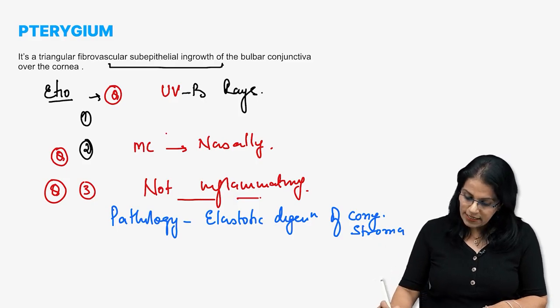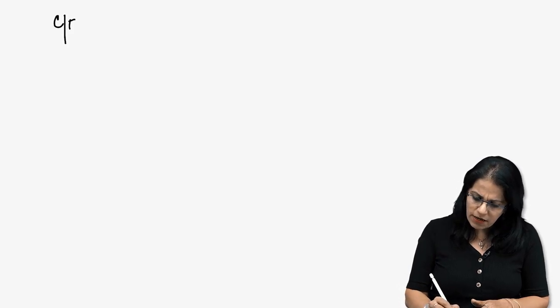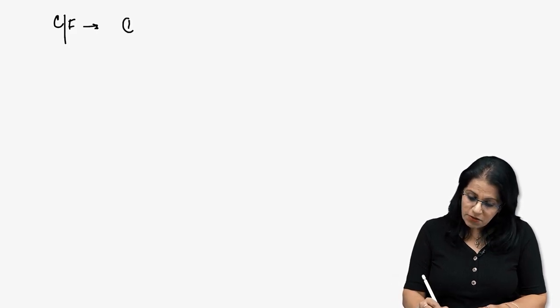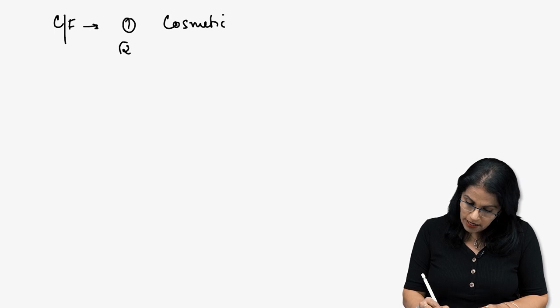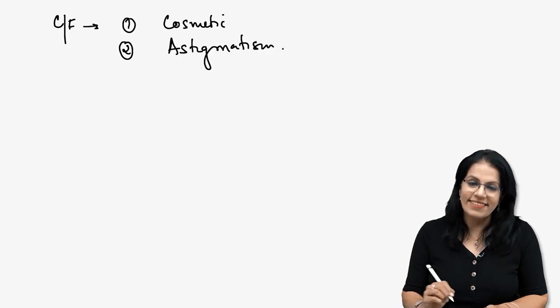Then let's discuss the clinical features. How will this patient present? The patient will not be bothered about it for a long time. He can present to you if there is some cosmetic issue, that what is this white patch on my cornea. Or, if it is growing further, it can lead to astigmatism, that is, alter the curvature of the cornea.